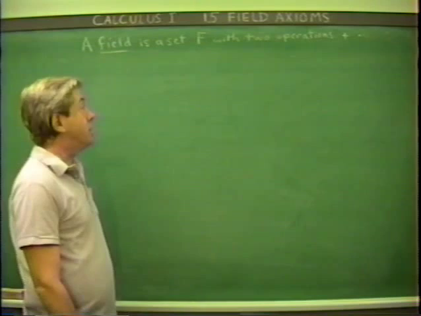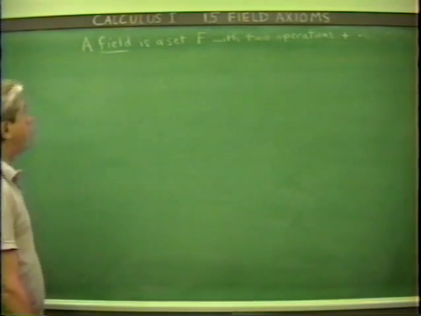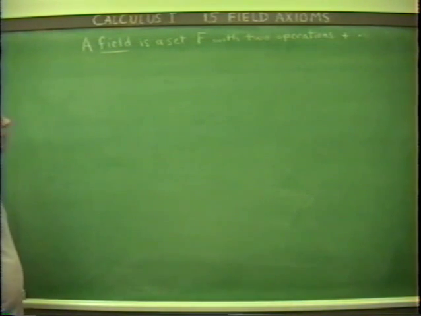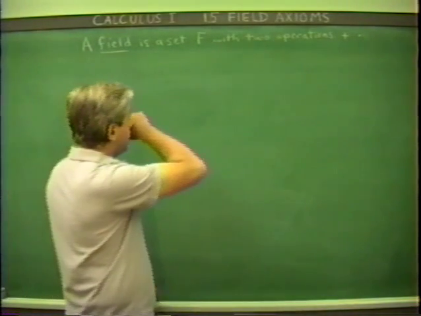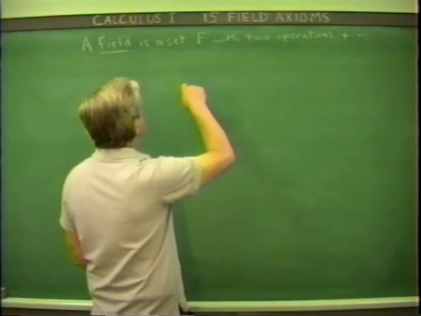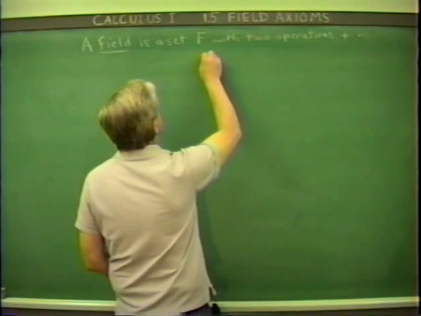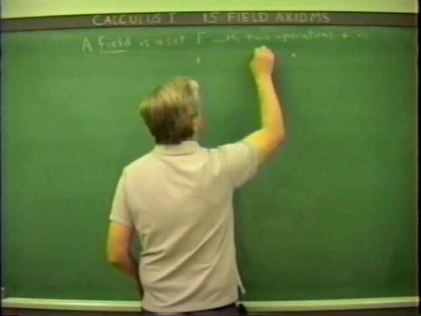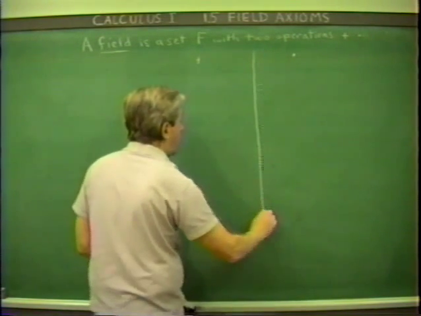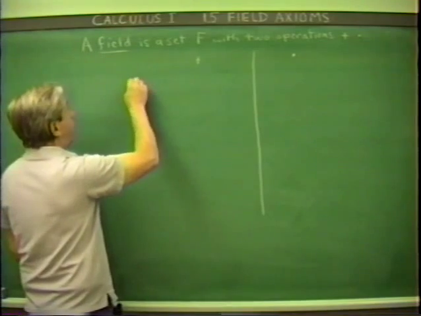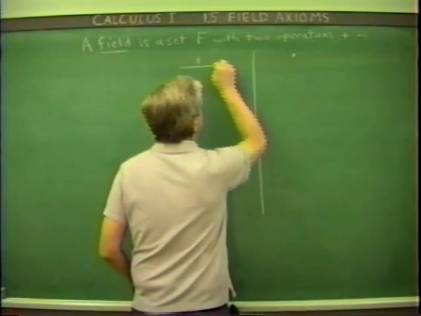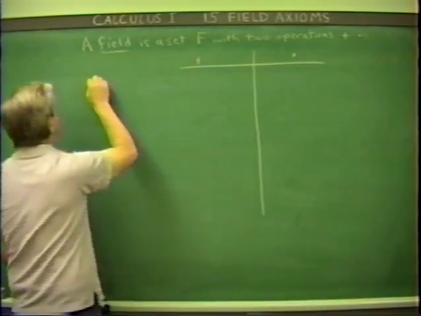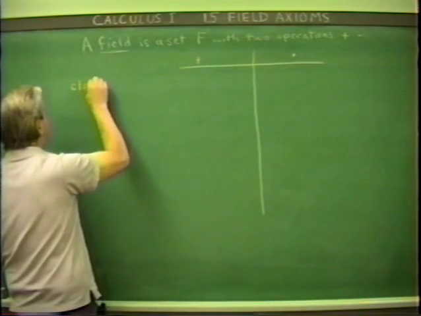Along with the two operations, there are 11 axioms that these operations have to satisfy. However, they are easily organized into a neat pattern, and I'm going to do that right now. So, for addition and for multiplication. First of all, what we have is called closure.